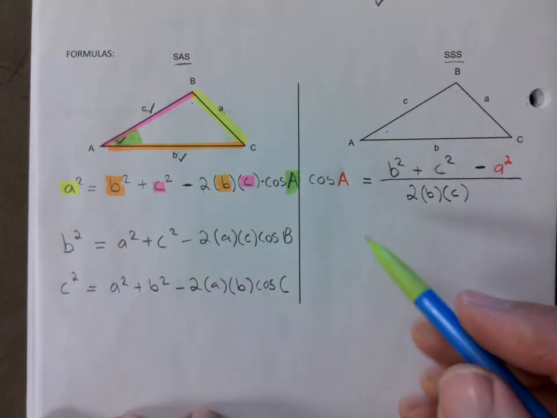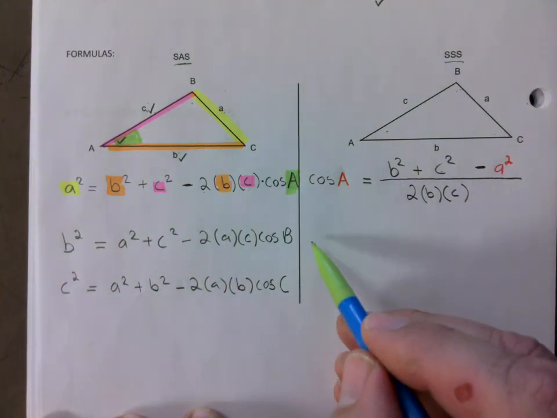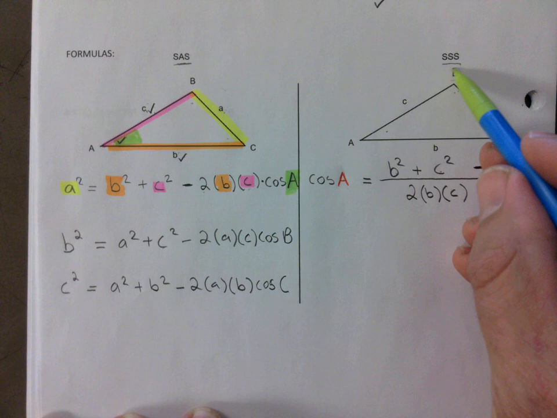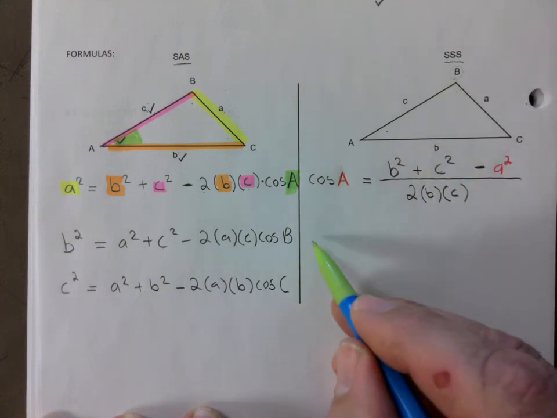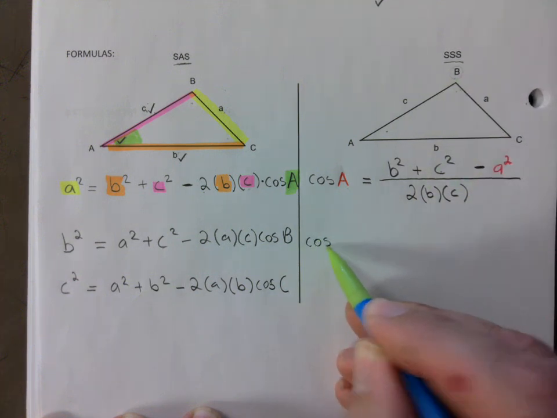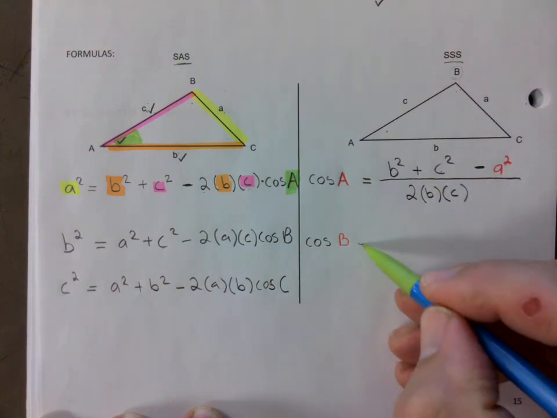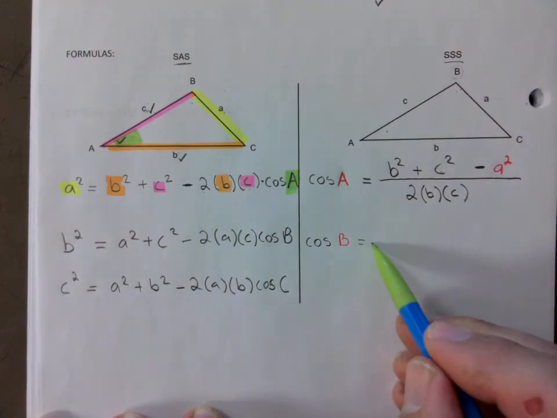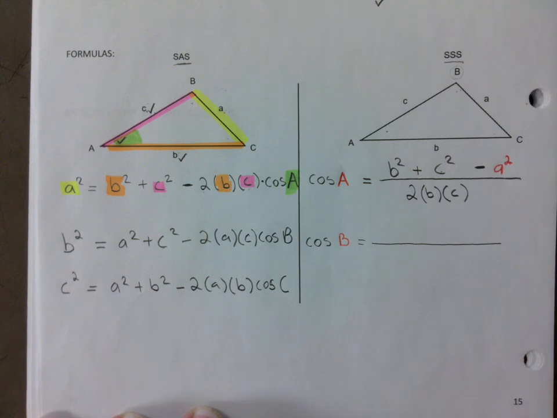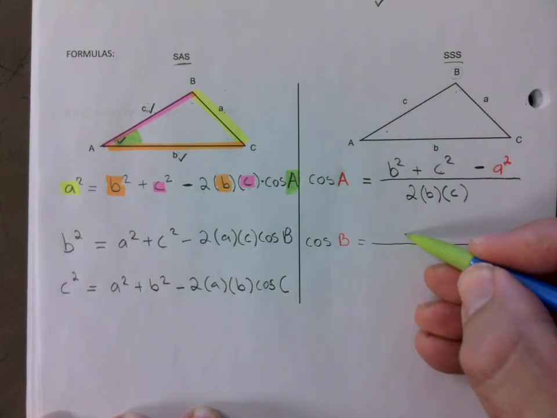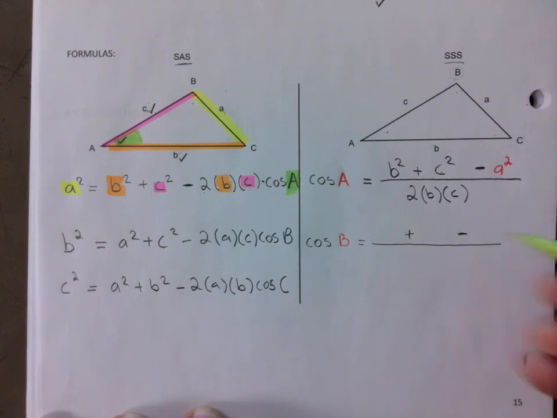So that's it. If you wanted to solve for angle B here, this one, then you'd have to start your formula with cosine of B. You make a long line because you're going to have a fraction here. Every time you're going to have a fraction. You go plus, minus. Which side is going to go up at the end here?